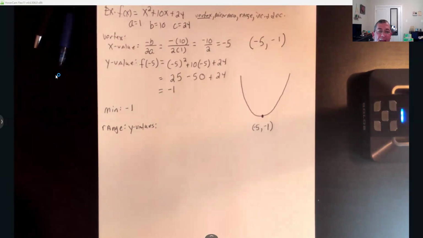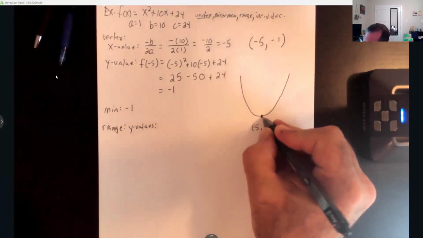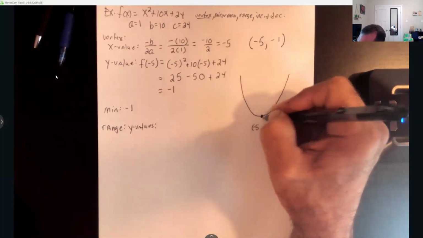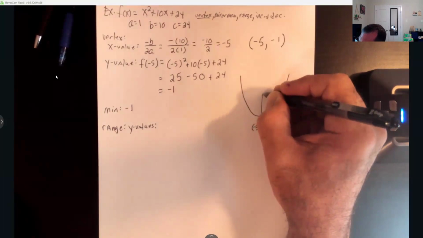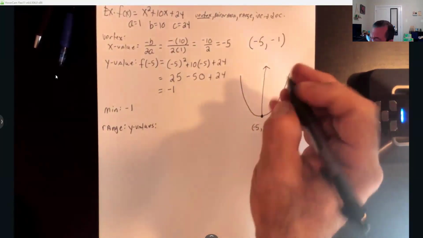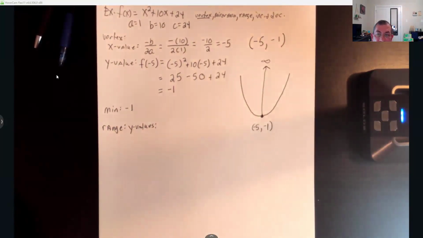So it's the y values. For the range, here's my point. My y values start at this point and they go upward. And if they're going upwards, they're headed towards positive infinity, okay?